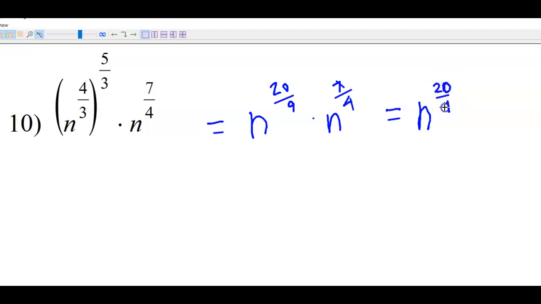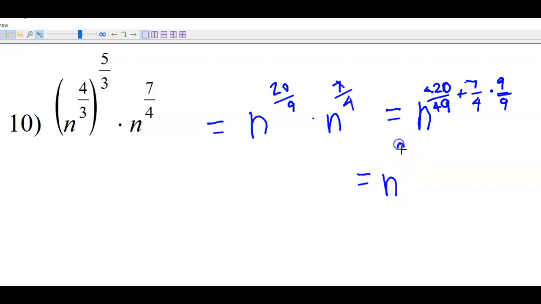Because 9 and 4 have no common factors, I'm going to have to multiply 20 over 9 by 4 over 4, and multiply 7/4 by 9 over 9. So 4 times 20 is 80.